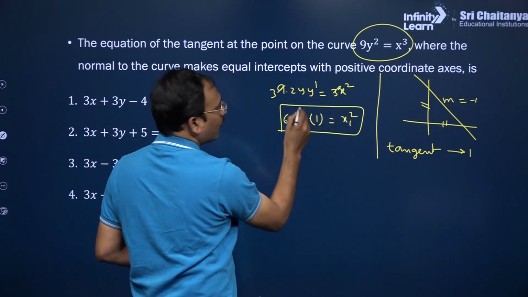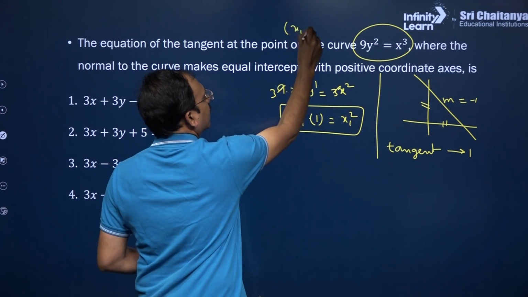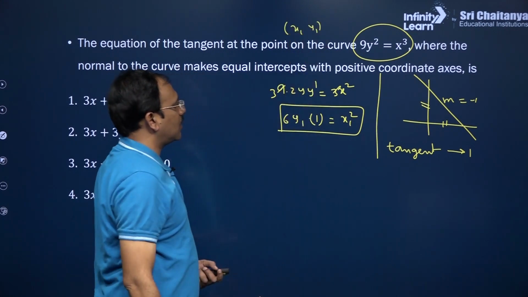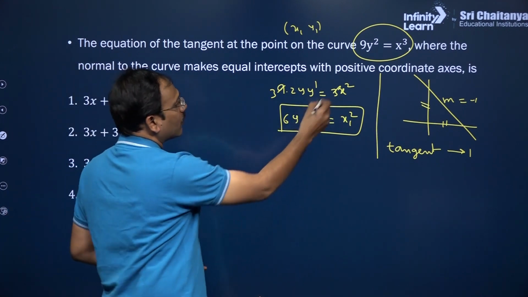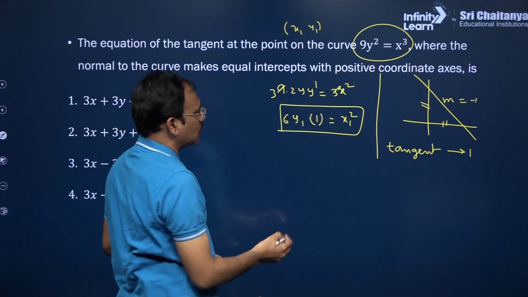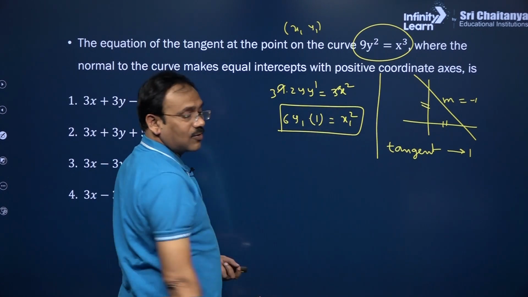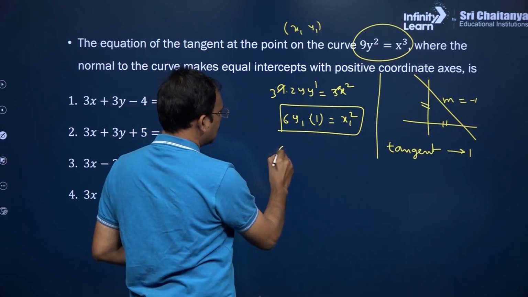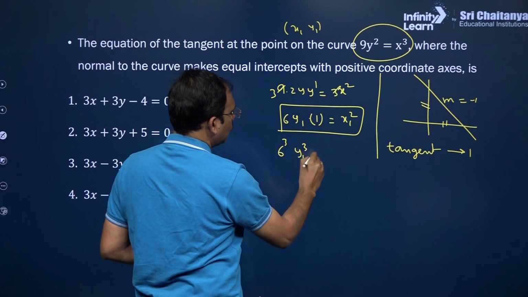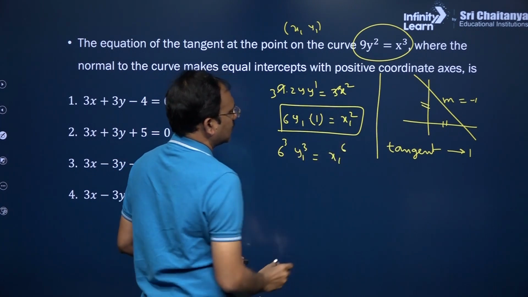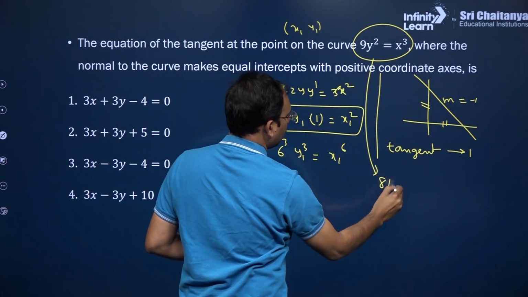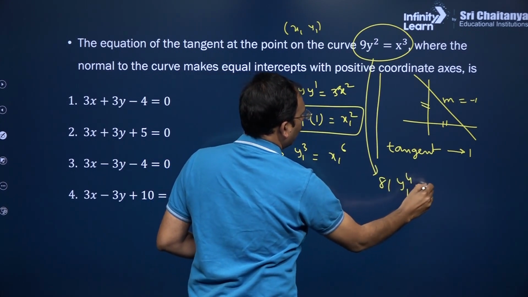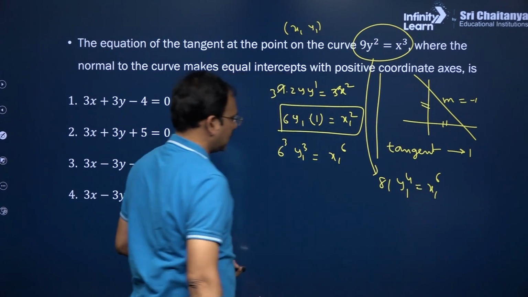So, for our point, say x1 y1, this is the condition: 6y1 must be equal to x1 square. Moreover, x1 y1 satisfies this condition also. Just here raise to the power 3, this is 6 cube y1 cube is equal to x1 power 6. If you just square here, you will get 81 y1 power 4 is equal to x1 power 6, right.